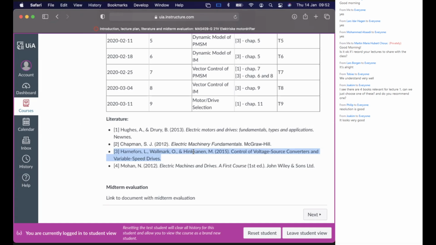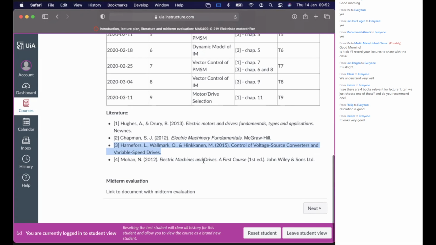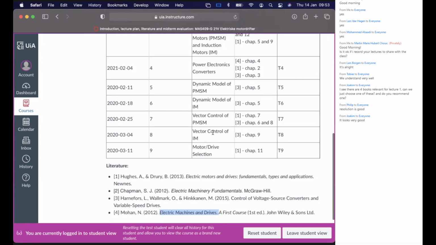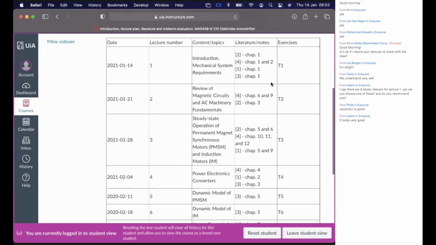It's also one that we use for PhD course later on. Number 4 is what was used mostly for the bachelor course with a steady state operation. And also number 2. But as you see here, we will use reference 2 and 4 for the module 1. And then also a bit on number 4 on module 2, which is about power electronic converters.